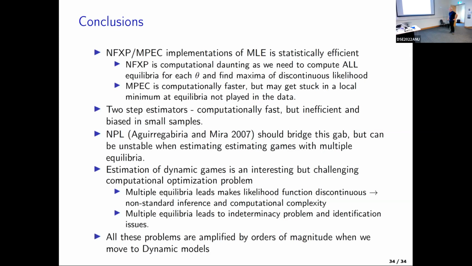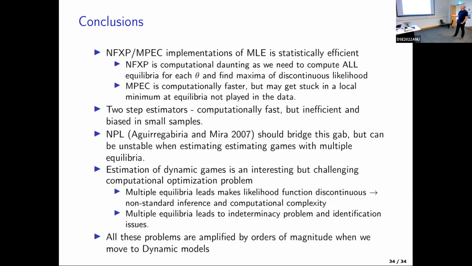Essentially, let me wrap up here. The NFXP and NPL implementations of MLE are supposed to be statistically efficient, though there's some debate about that. But what I wanted to emphasize is also the differences in terms of implementation.